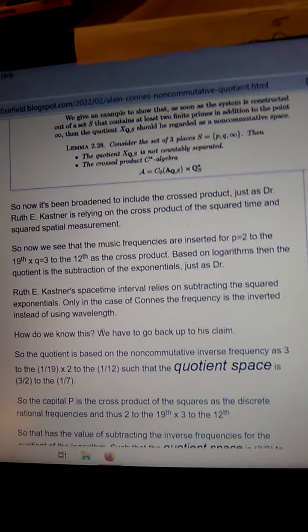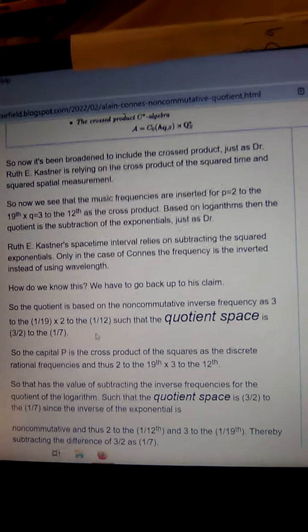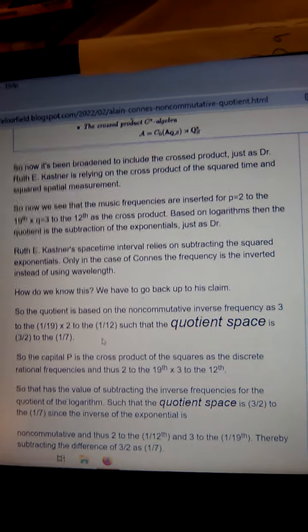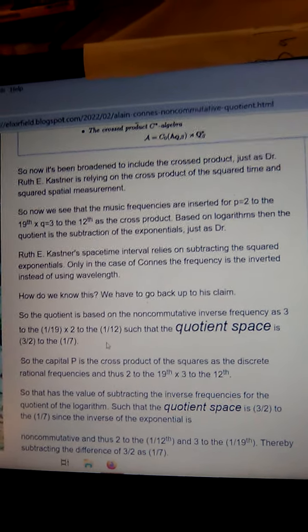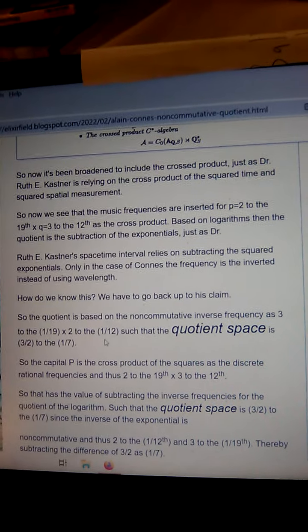And that way, when you subtract them for the quotient space, you are getting 3/2 to the 1/7, because you're subtracting the ratios, the inverse of the exponents. And so that is a convergence that's always greater than 1.